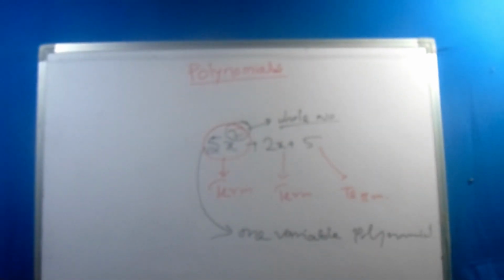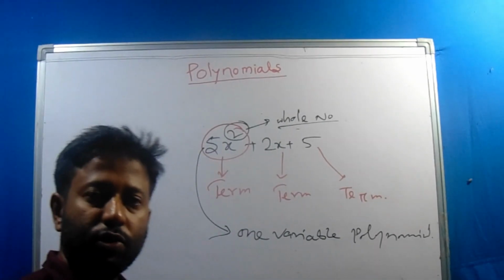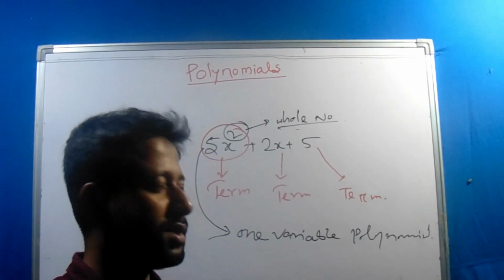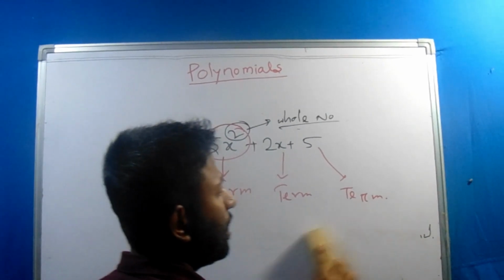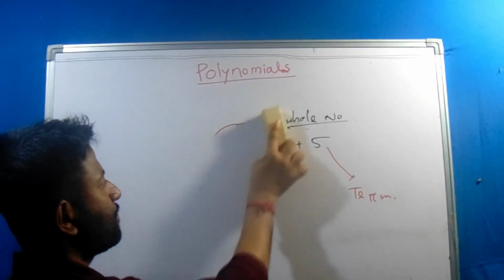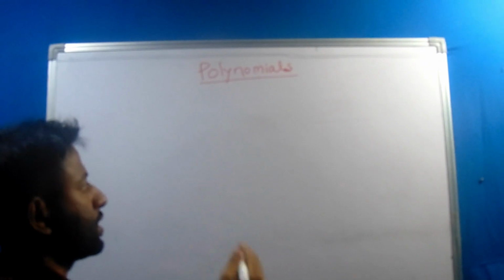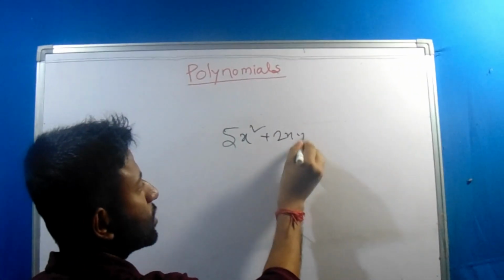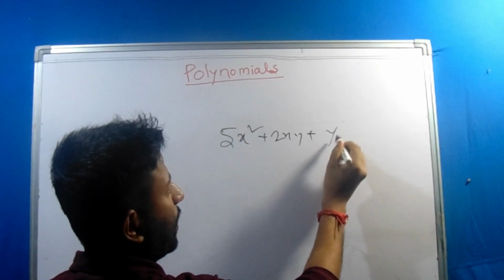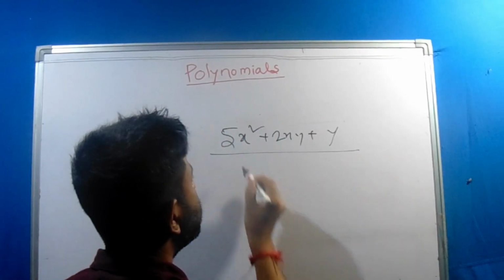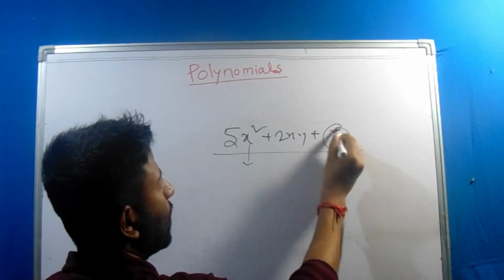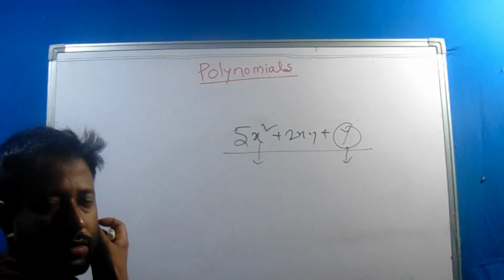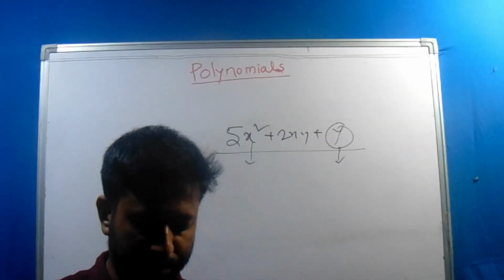Whereas if an equation consists of two variables, x, y or something else, then I will tell this one is a two variable, three variable polynomial. So let's see. अब जब एक इक्वेशन कंसिस्ट है, जैसे कि मैंने बोला 5x² plus 2xy plus y. So इस टाइप के इक्वेशन में देखिए ये x एक वेरिएबल है और y एक वेरिएबल है. So this consists of a two variable polynomial.